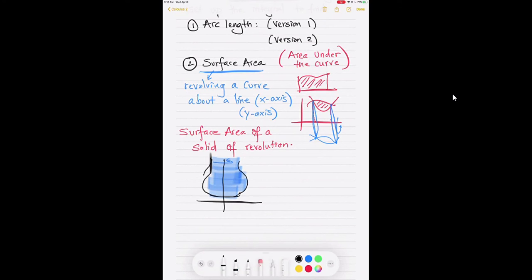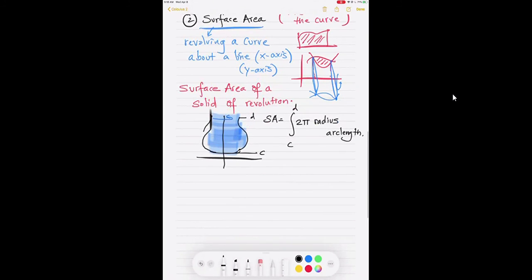So we said for this one, the formula for surface area is the integral from C to D of 2 pi, we need the radius, times the arc length. So that's the general formula.